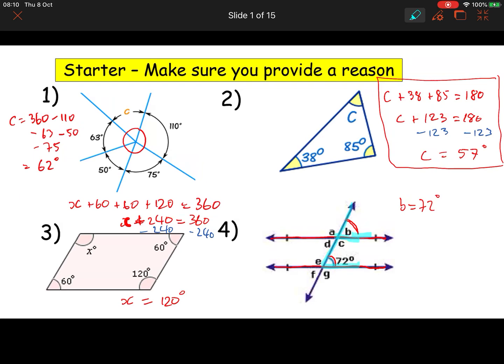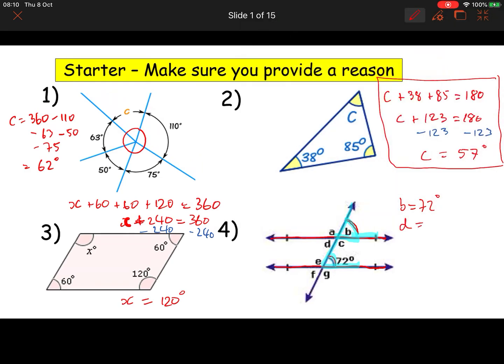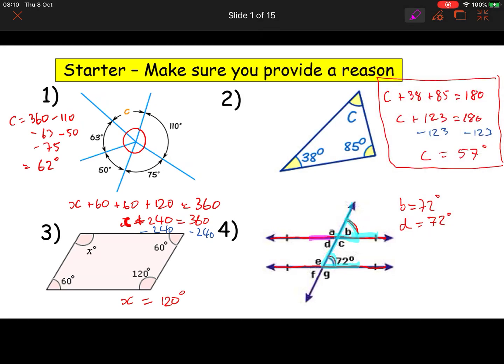When we see an F, we've got corresponding angles. I can also see that D is equal to 72 degrees, but this time because we've got a Z shape, so they are alternate angles.